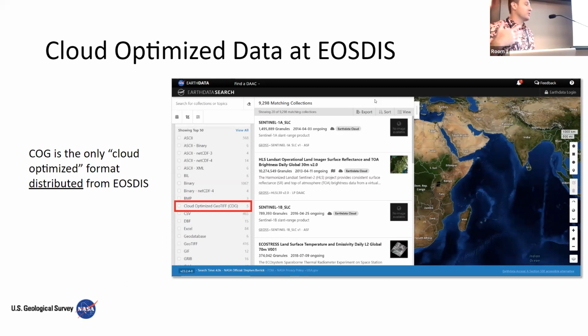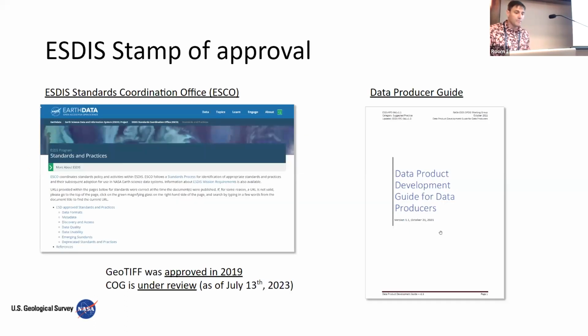So it's a format that's being currently used as an archive format within EOSDIS. Also, I think GeoTIFF was approved by our standards and coordination office as an approved data format. We have kind of a process for data formats and metadata and the like.